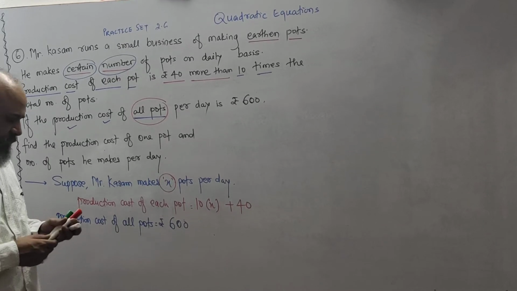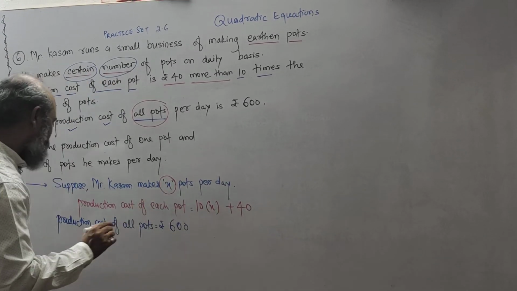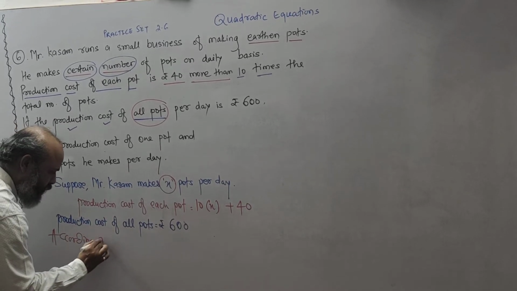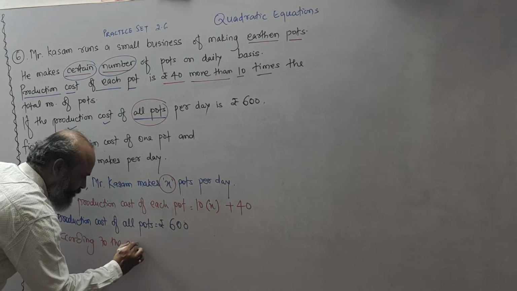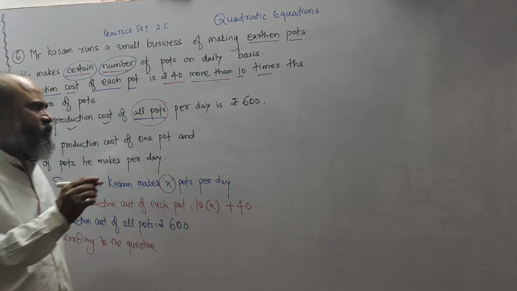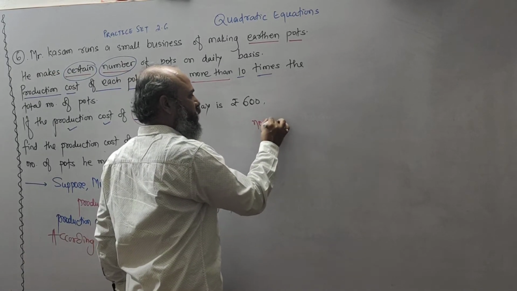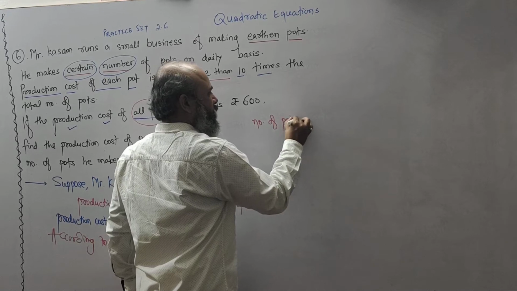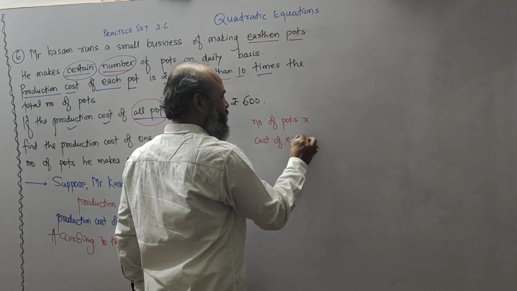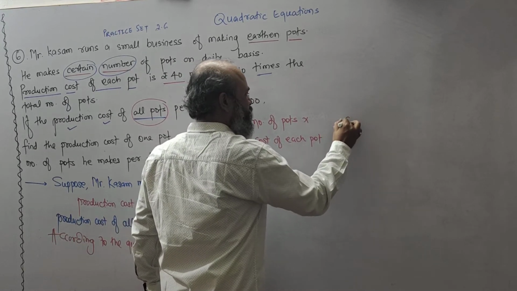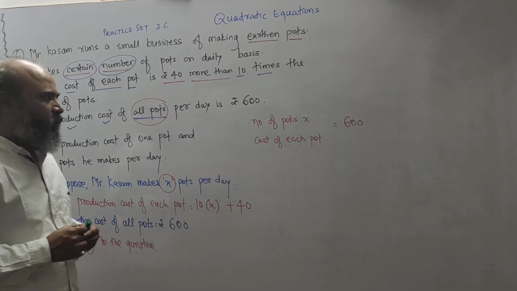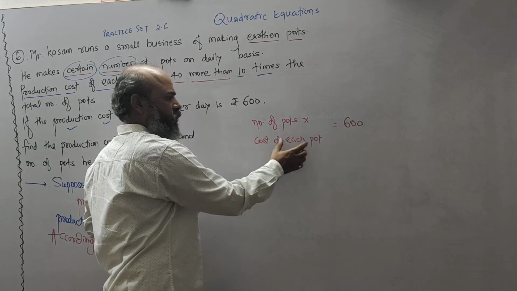So we will write according to the question. According to the question, production cost of all pots means the number of pots into the cost of each pot, and this is equal to 600. This is the total production cost: number of pots into cost of one pot.